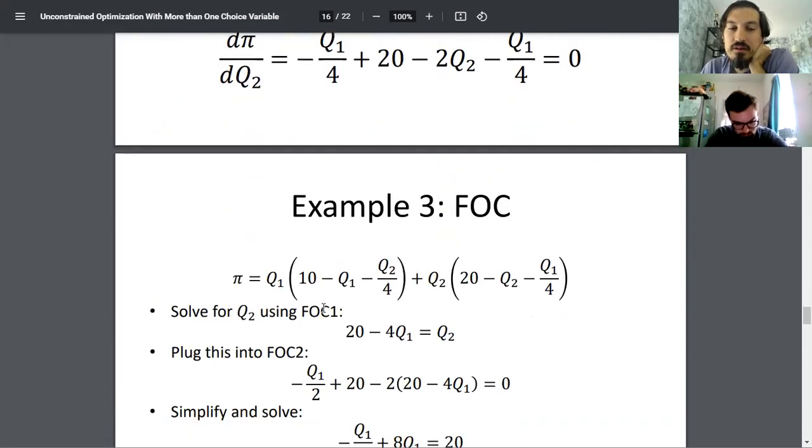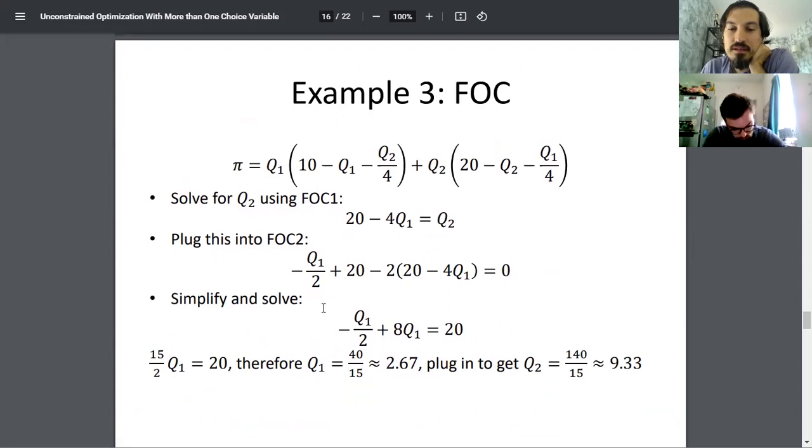And here they are solved in pretty much the same way that I solved them before. Negative Q1 over 2 plus 20 minus 2. Remember, I had this whole thing solved for Q2. I plugged that in, equals 0. Now, what Q1s do I have?